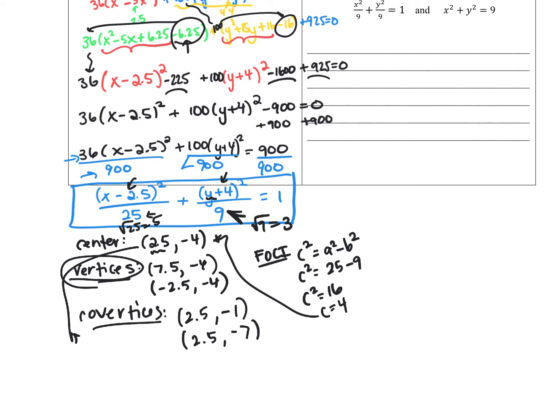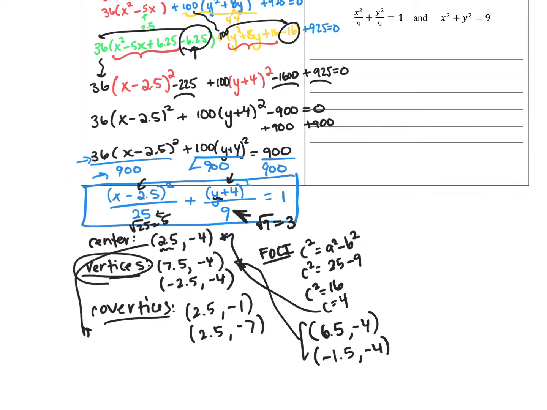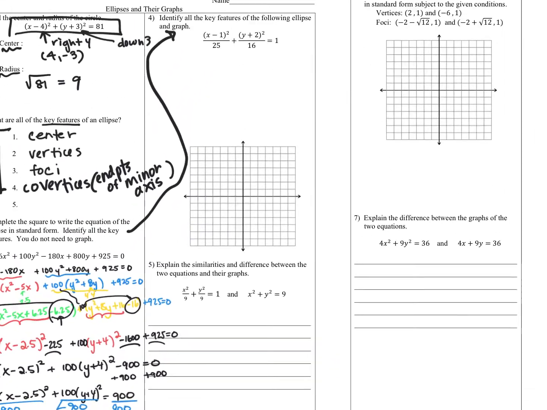So again, looking here, we're going to go left and right 4 from the center. So right 4 would put us from 2.5 to 6.5. And then if we go left 4, that would be at negative 1.5, negative 4. And so really, they should be 1 less than where our vertices were, because the vertices were 5 away, and now the foci are 4 away. So those are our major parts that we're talking about.